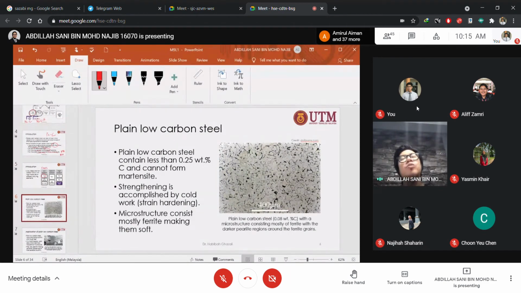If you still remember how martensite is formed, steel consists of ferrite or iron and also carbon. When we heat it up above the transformation temperature, it will transform itself into austenite.